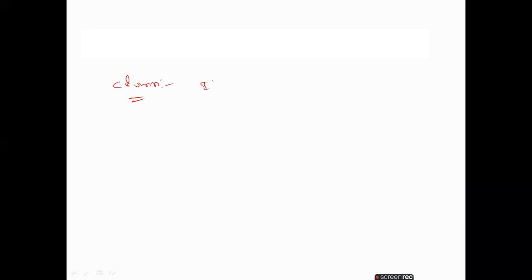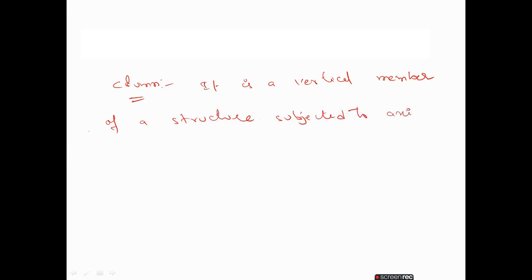It is a vertical member of a structure subjected to axial compressive load.